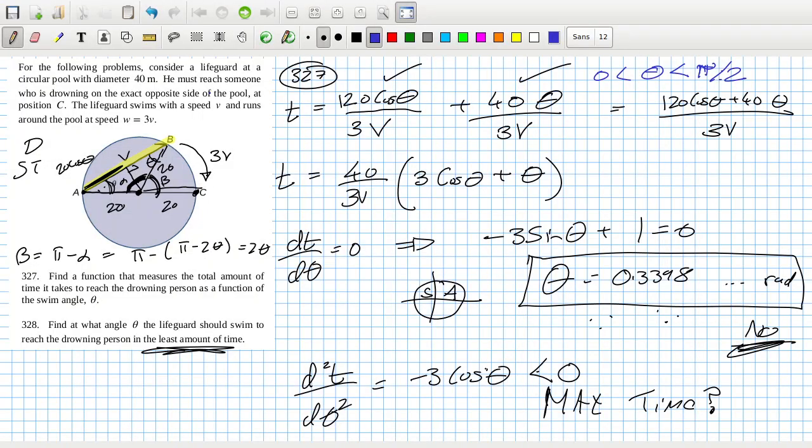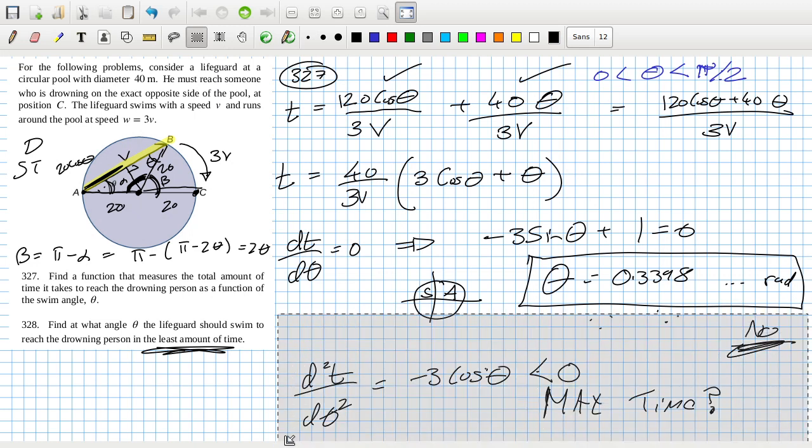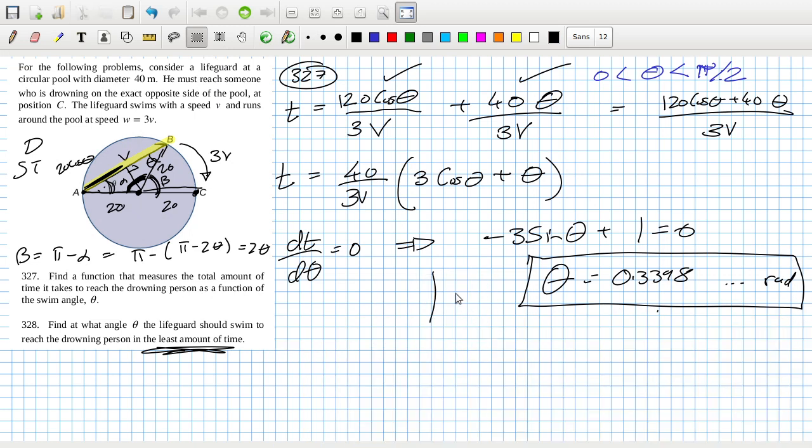So I think this question is tricking us. I think we have to look at the boundaries. Interesting. Maybe this one is a max. So let's check it, theta and time.